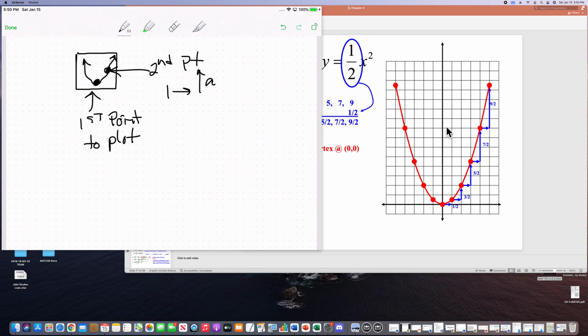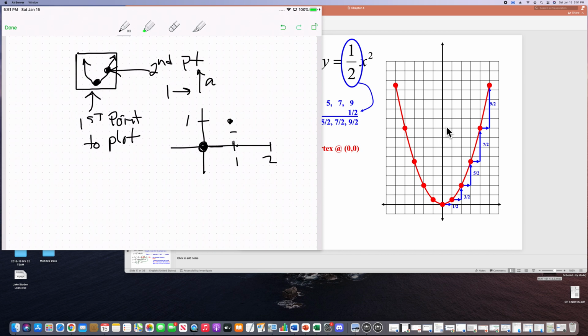Now, the reason I'm stopping here at this graph to talk about this is because sometimes when you're graphing, and I'm going to kind of blow this up here, 1, 2, 1. You plot this point. All right, you move your cursor, you go 1 to the right, and you try to go up 1, and it jumps up to right here.